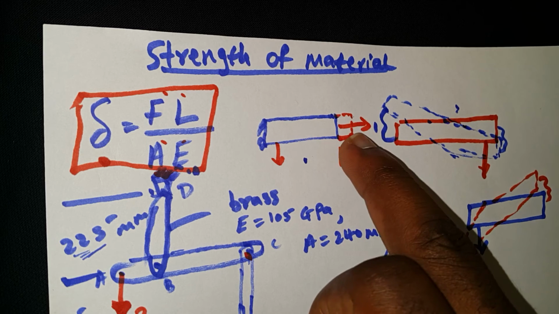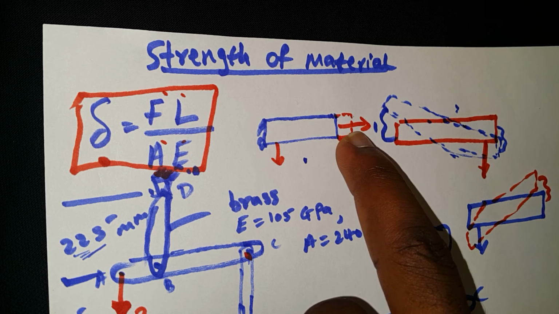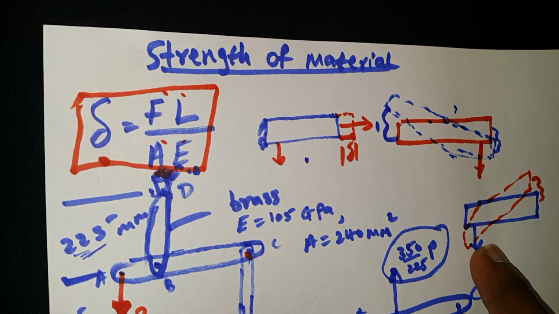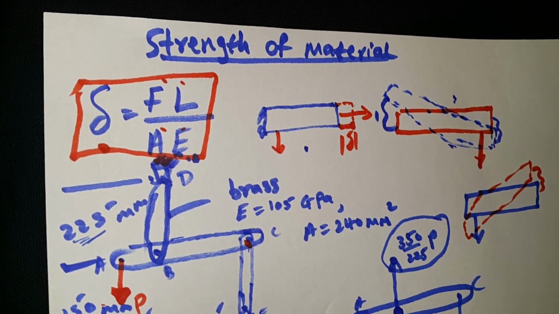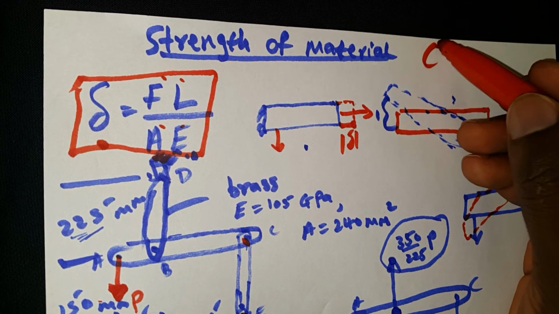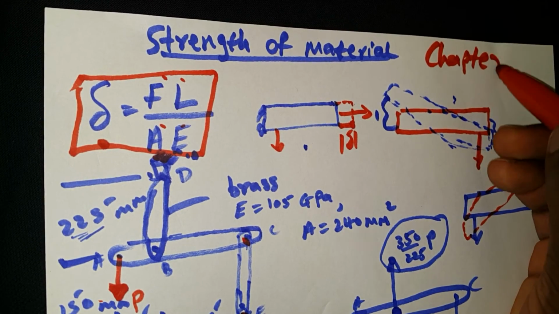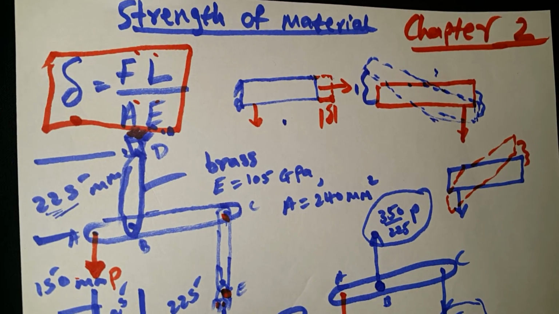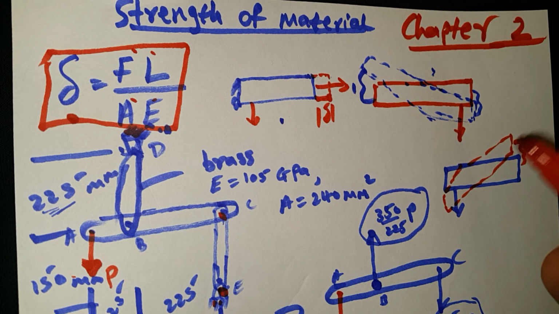It is not how it will deform when a force is given here or a force is given here. It's totally different. So deformation is quite simple. We are still in chapter 2. It's a little bit simple if you have an idea of what deformation is all about.